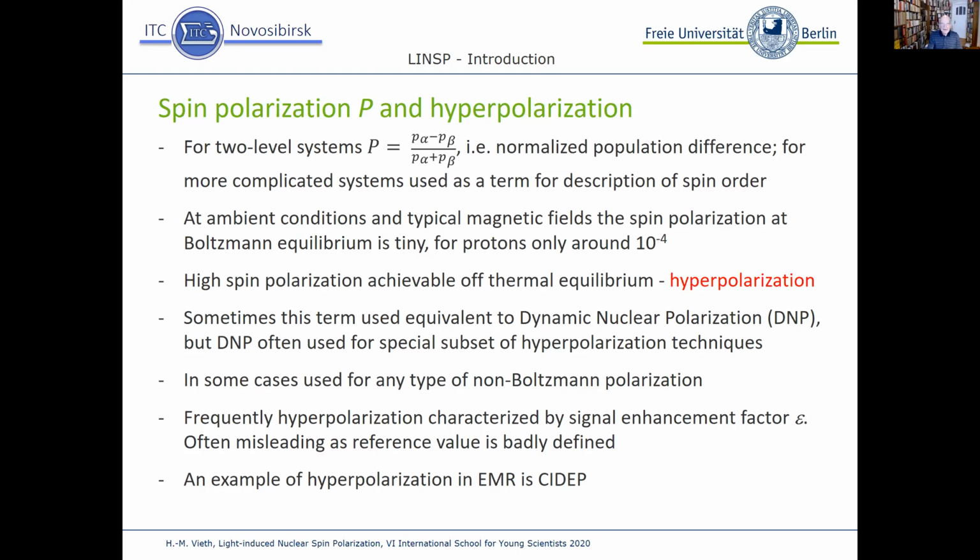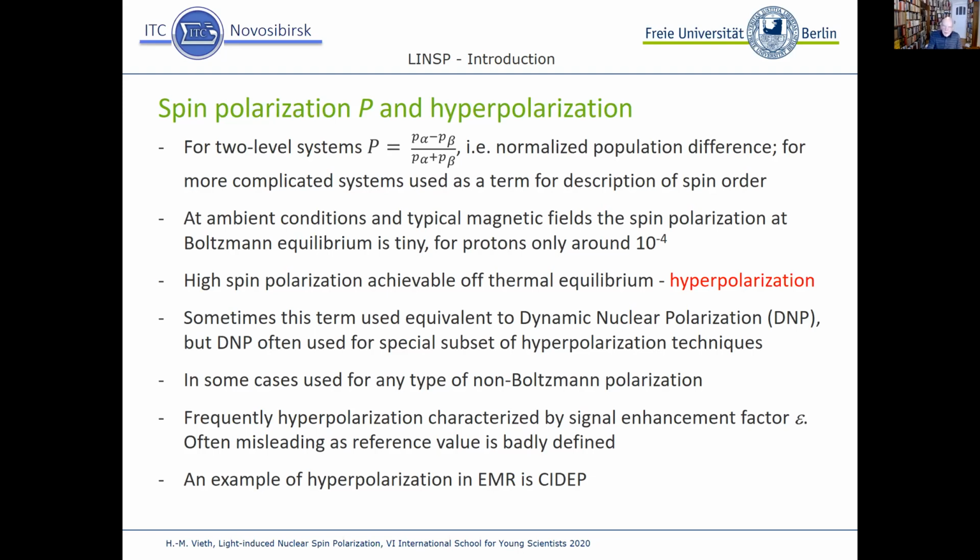For more complicated systems, the name polarization is used for a description of spin order, and it has to be given by several numbers. At ambient conditions, as I mentioned before, it is tiny, the polarization. For protons, it's only about 10 to the minus 4.